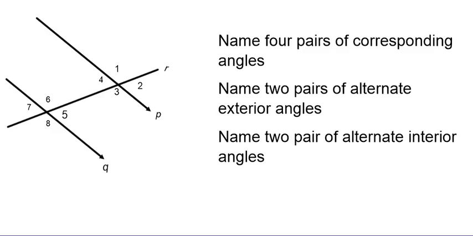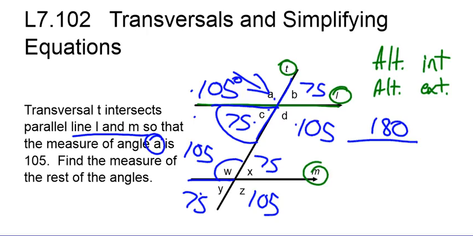Continuing on then. All right, here come the big names: corresponding angles, alternating exterior angles, and alternating interior angles. As we saw from this picture, there are relationships between the angles. We have a 105, we have a 105, we have a 105, we have a 105. And so because of this, we have relationships due to their location.